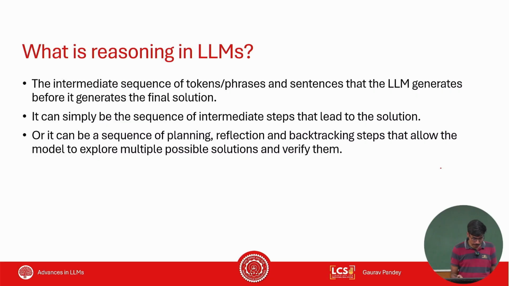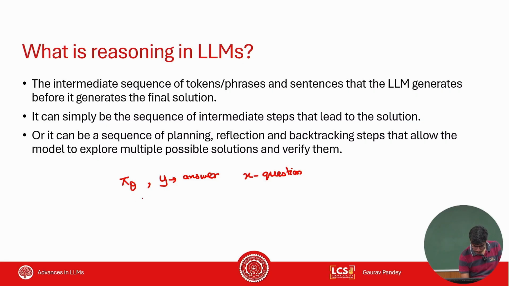So if I have to write it mathematically, let's say π_θ is your language model and y is your final answer and x is your question. I will use question, instruction, and query sometimes interchangeably.